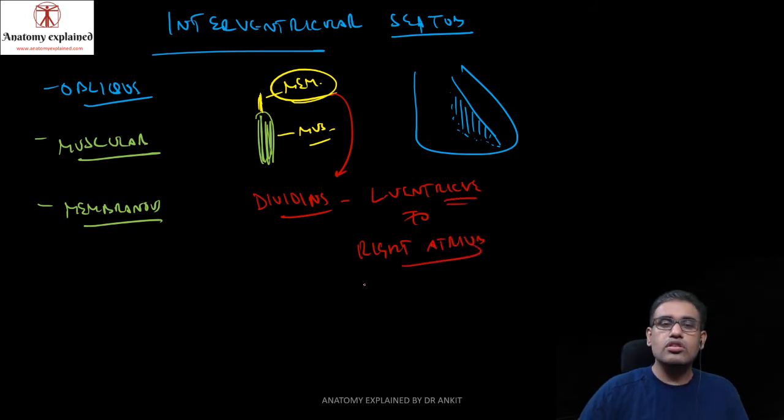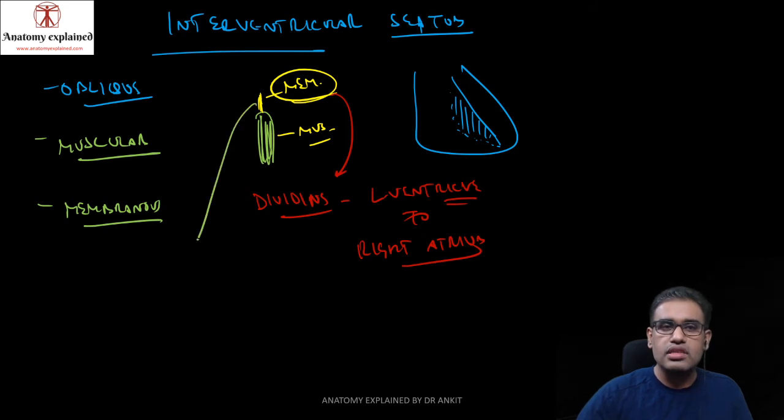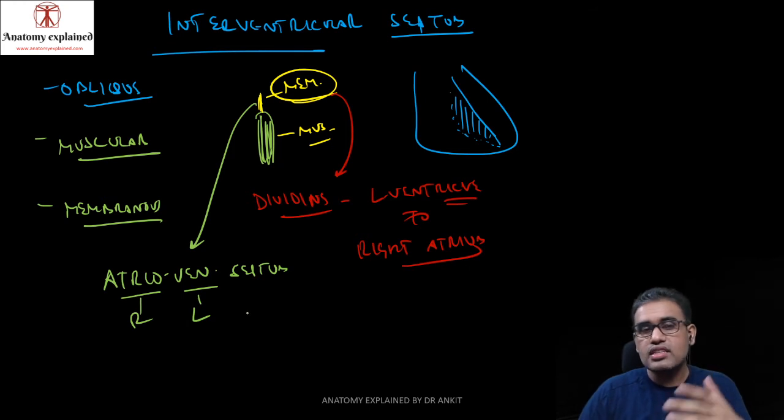Okay, so it is also called the atrioventricular septum. There is one more name over here for you to remember: this membranous part of the IV septum is also your atrioventricular septum. Which chambers? The right atrium and the left ventricle. Okay, so that is your membranous part of the IV septum, slightly oblique, and that is its position.